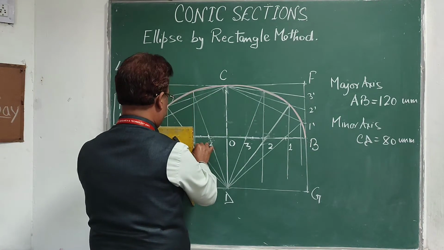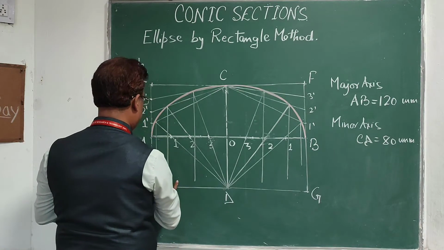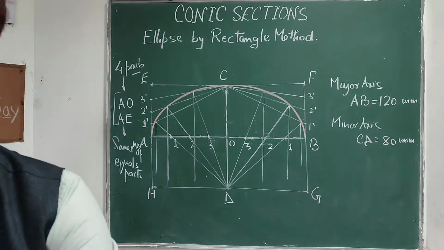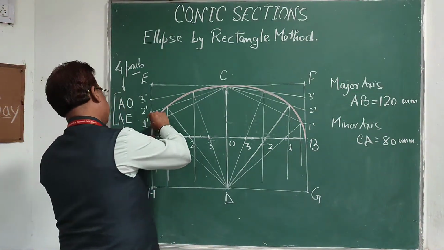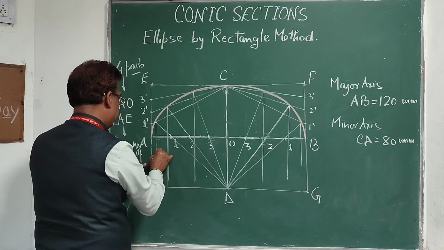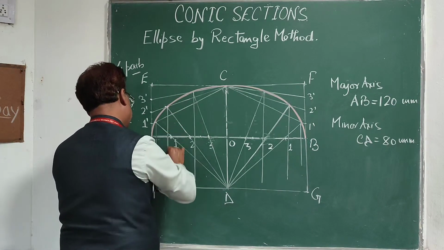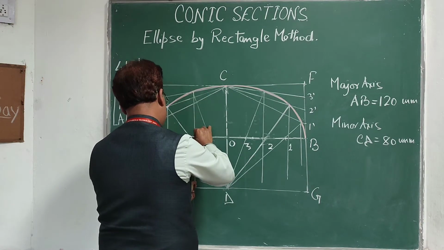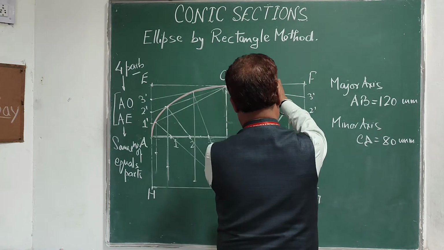So I am shifting perpendicular downside and marking the lower side point. So this upper distance of the point will be on the lower side also at the same distance. Same way this point that comes downside, this third point, same way here.